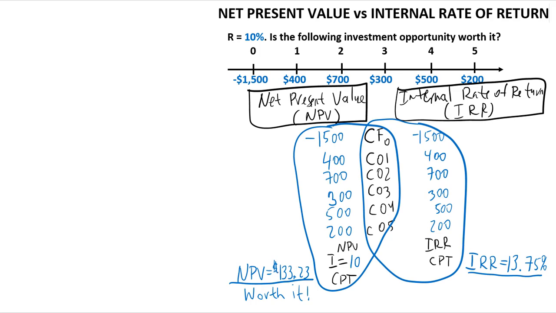It doesn't tell us how much cash we get back. Instead, it tells us that if we invest $1,500 now and get these 5 amounts back in the next 5 years, that's equivalent to investing $1,500 now and receiving 13.75% on our money every single year.